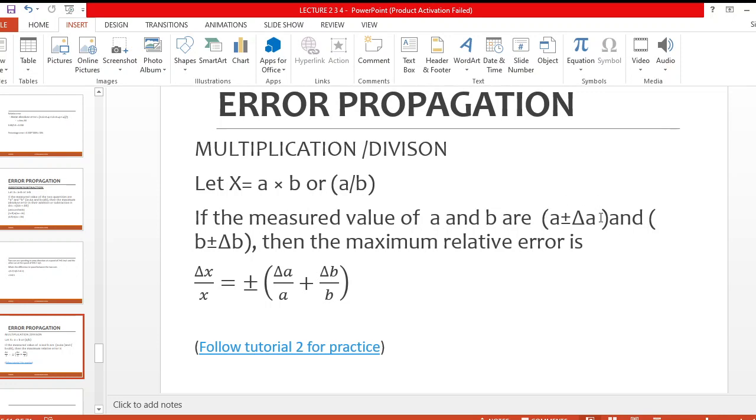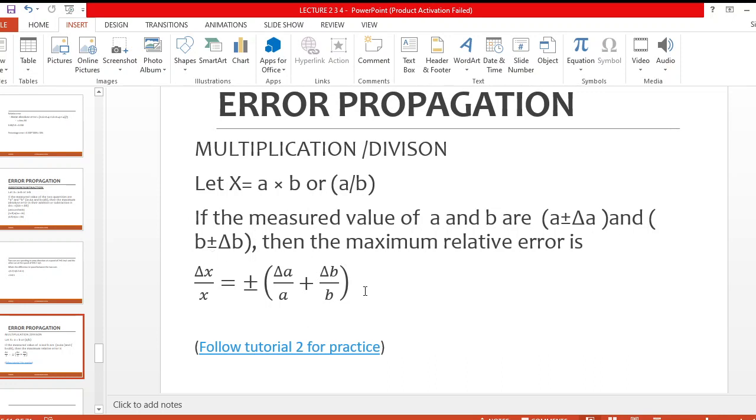And this error is what we are calling the mean absolute error. So it's the mean absolute error divided by the true value. So this is what is expressed here. The absolute error divided by the true value, that's a relative error. And in B, it's also the absolute error in B divided by its true value.